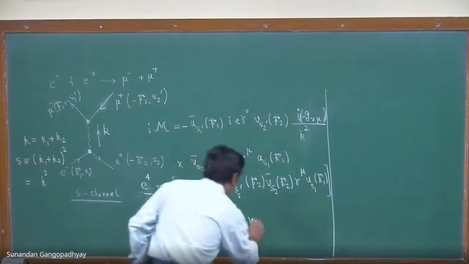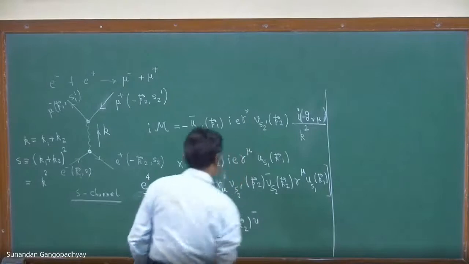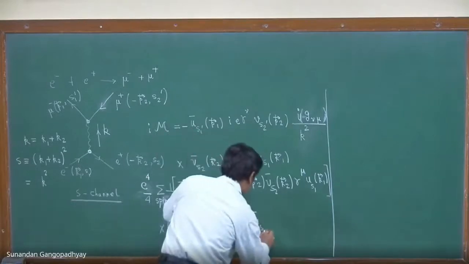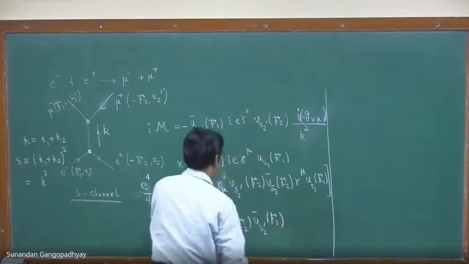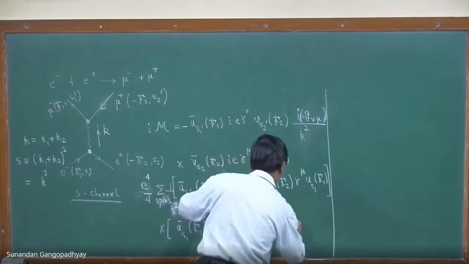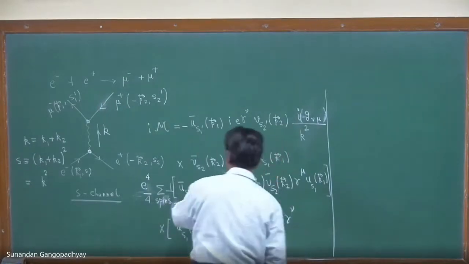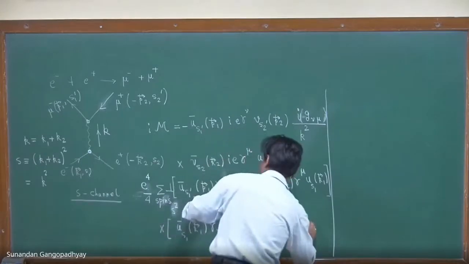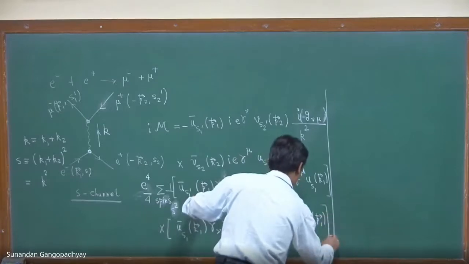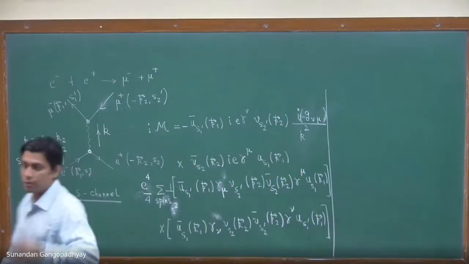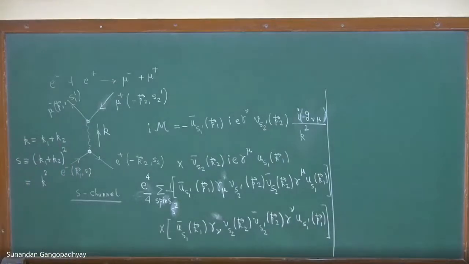Then you have v bar S2 prime k2 prime, then we have gamma mu u S1 prime. So this is the result of taking the complex conjugate.